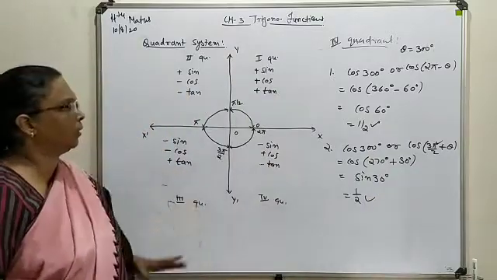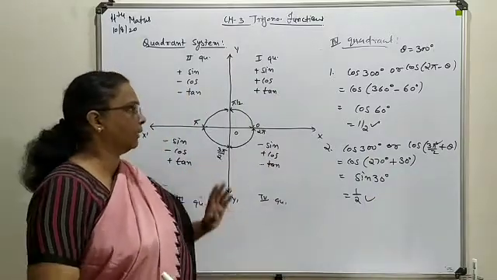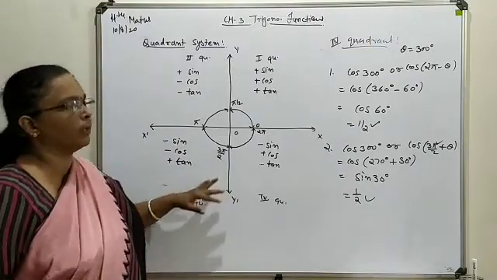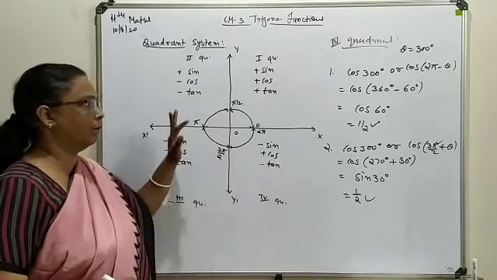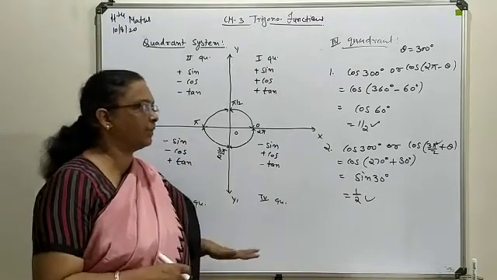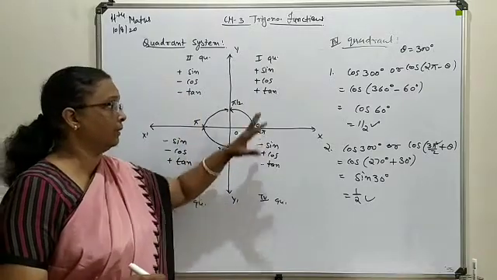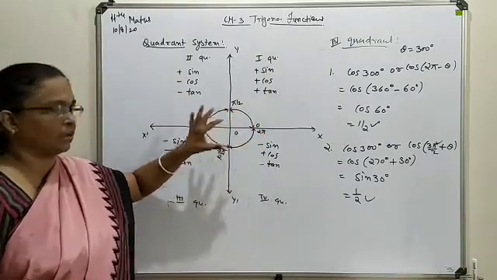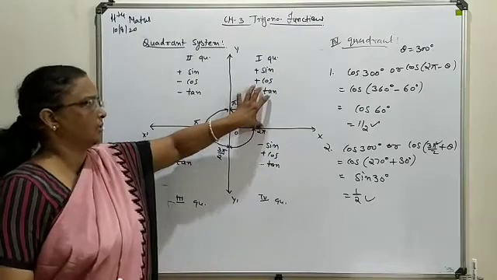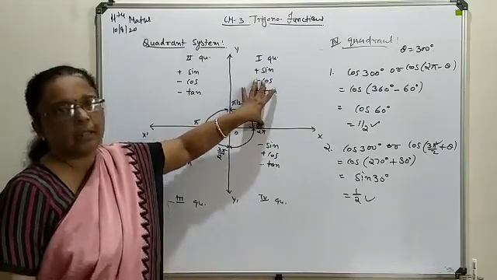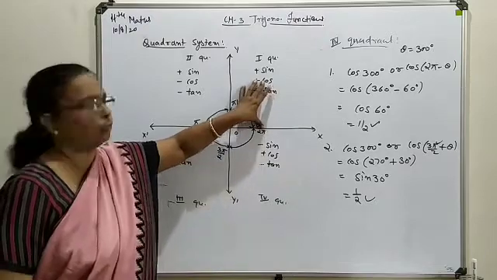So this is all about the third and fourth quadrant, especially because in the last class we have not discussed these two points in detail. The first two we already have. So I hope it will be clear to you how to represent an angle in each quadrant. I repeat in short: in the first quadrant the angle will lie from 0 to 90 degrees or 0 to pi by 2.